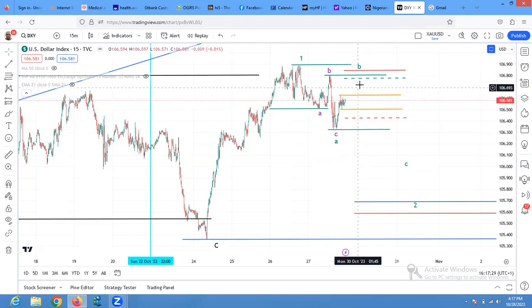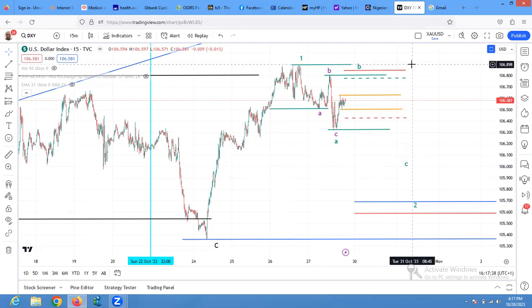And this B correction, it's very important for us to know if we get a price action to sell a C, and from a C we can buy to the upside. And buying to the upside is going to be a very impulsive motive wave. So we are expecting that the C, once we are coming down to do a C, is going to give also an impulsive wave to the downside.